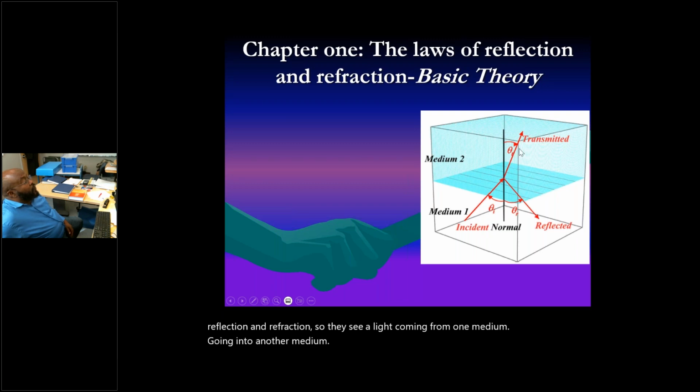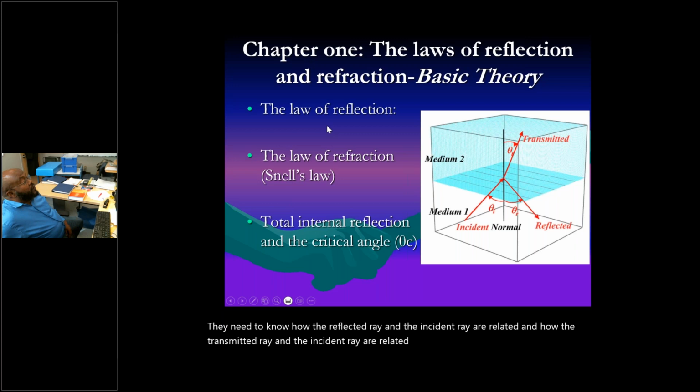They need to know how the reflected ray and the incident ray are related, and how the transmitted ray and the incident ray are related. The theory that explains these relationships is the law of reflection, the law of refraction, and also what we call total internal reflection and critical angle.